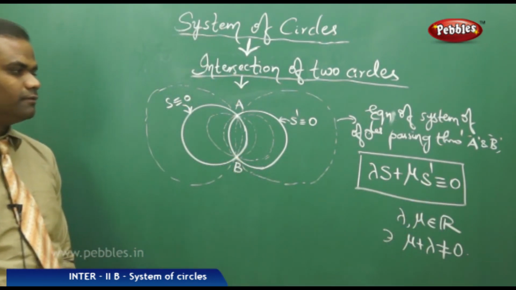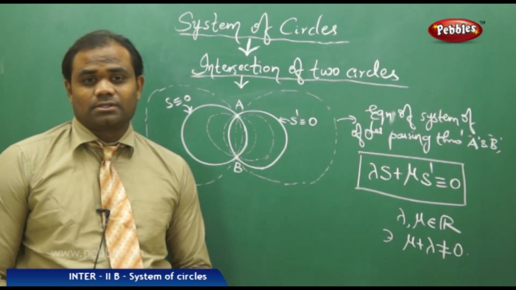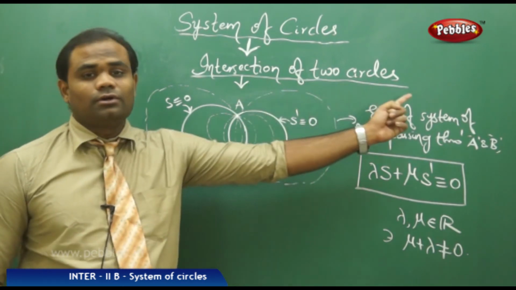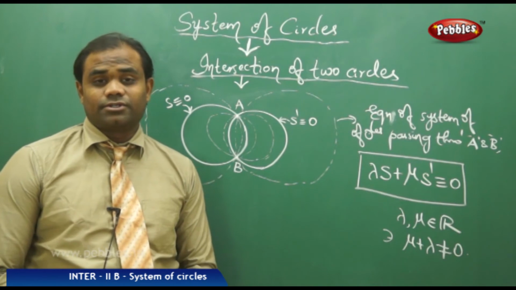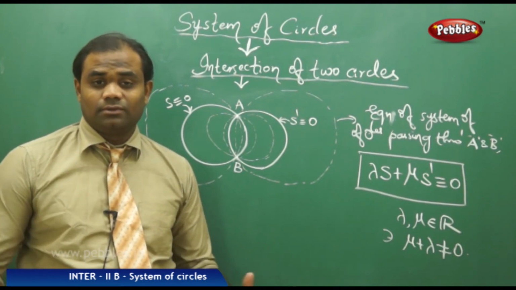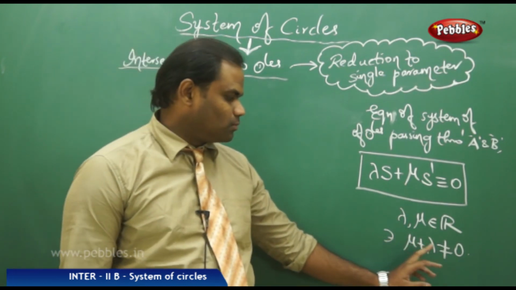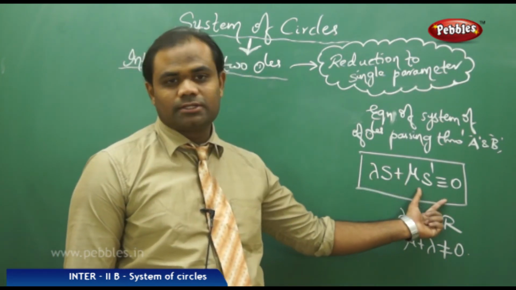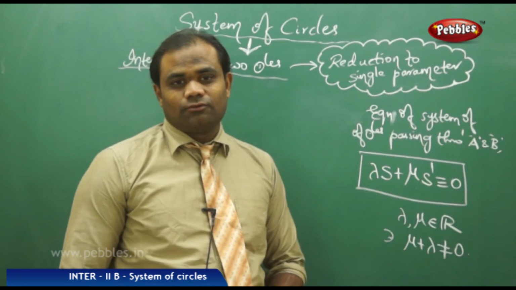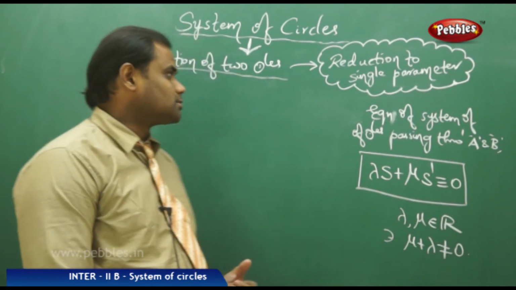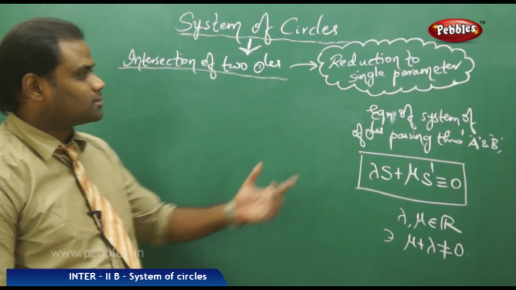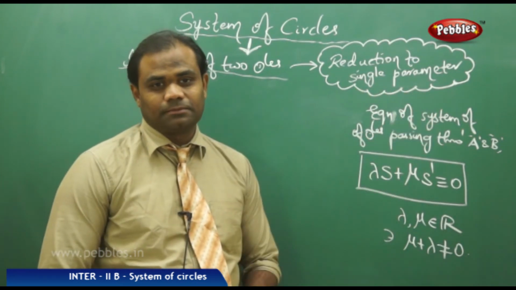That is how we define the system of circles for the intersection of two circles S equal to 0 and S dash equal to 0. Now that we have the two parameters mu and lambda, next let's reduce that to a single parameter.